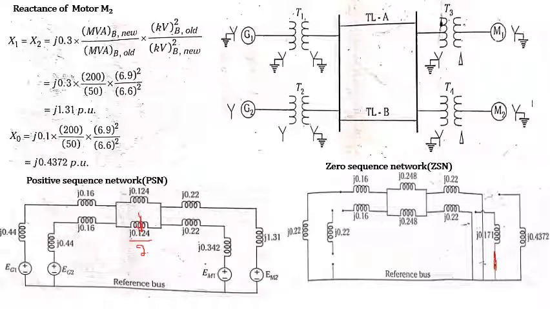Okay, again redrawing this circuit for generators G1 and G2, and by adding up all the values you will get the equivalent. So this is the midway of transmission line B. Consider this as the reference point.